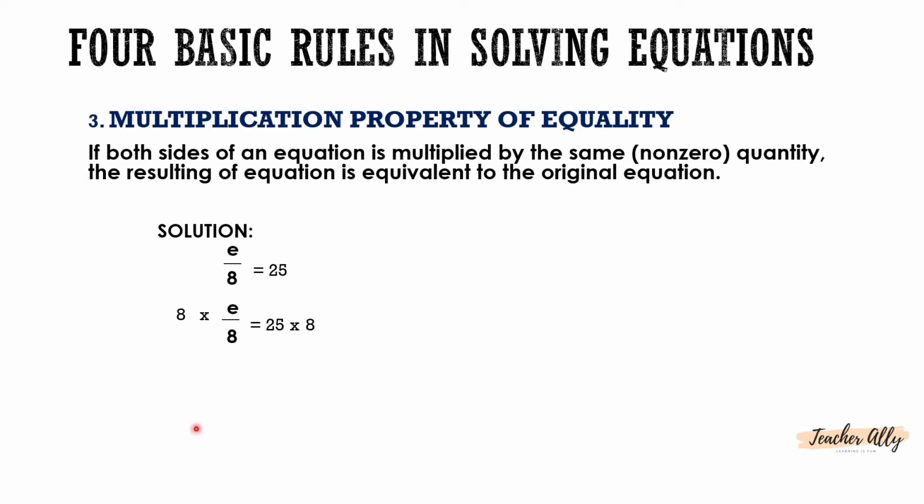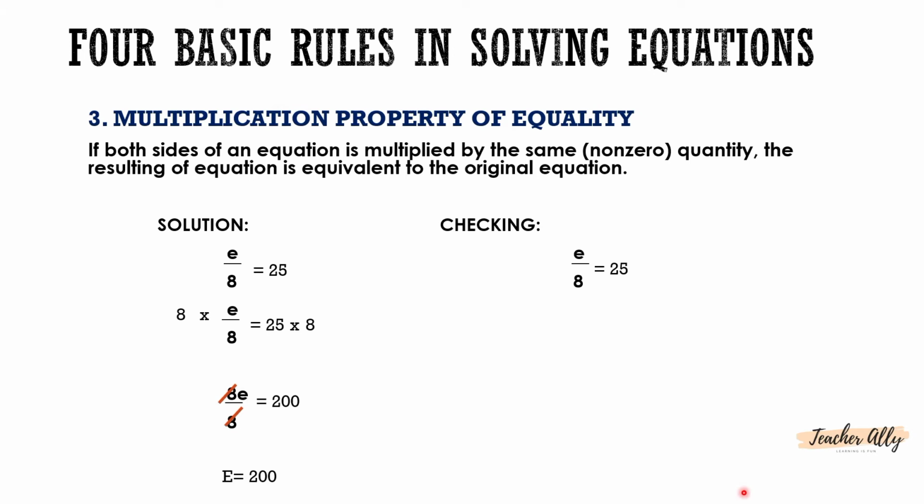So multiply both sides by 8. 8 times E over 8 is E, and 25 times 8 equals 200. Cancel 8 over 8, and the answer is E equals 200. So the value of E is 200.